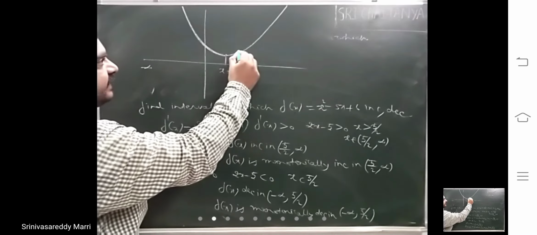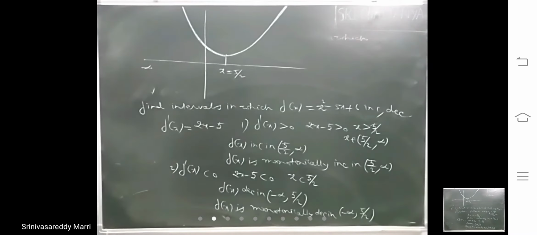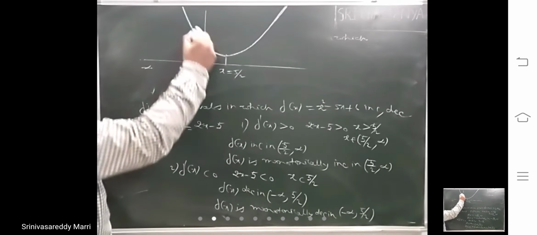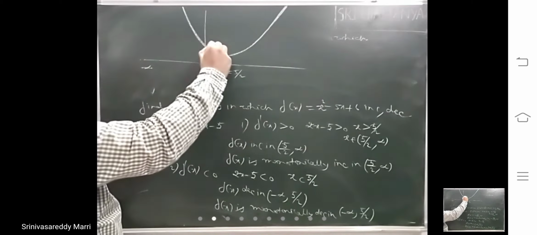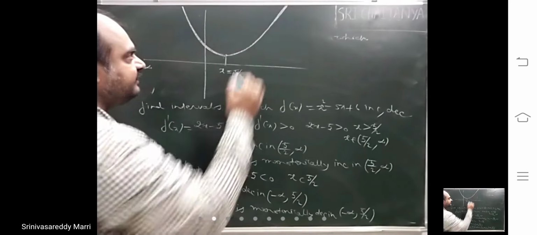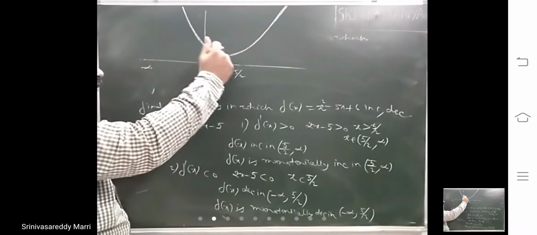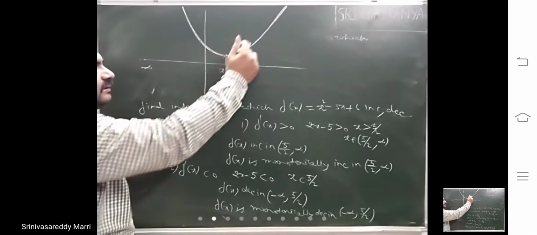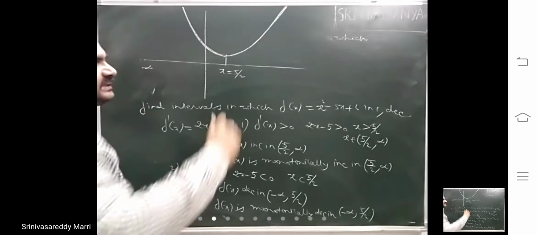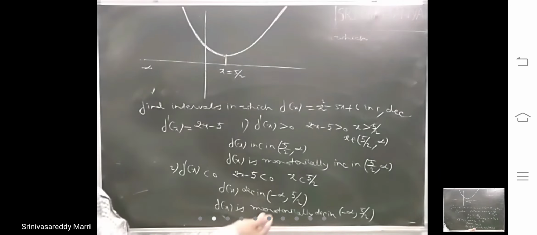Then from 5 by 2 to infinity increasing simply. That means from minus infinity to 5 by 2 monotonically decreasing. From 5 by 2 to infinity it is monotonically increasing. From the graph, downfall means decreasing, rising means increasing, in the interval.